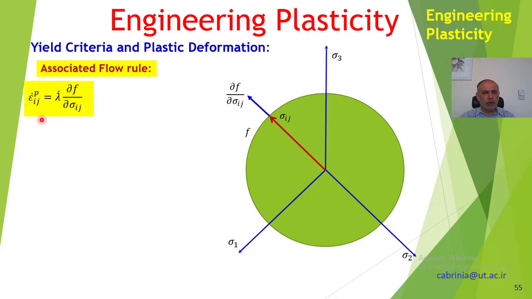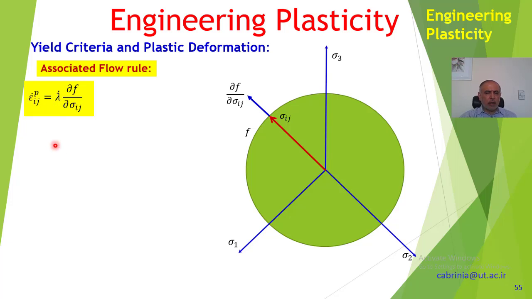Now this was the equation we derived before, but here we have added a dot on the top of the epsilon. The equation we had before was d epsilon ij p equal to d lambda partial f to partial sigma ij. Instead of d lambda and d epsilon, I have put epsilon dot and lambda dot.